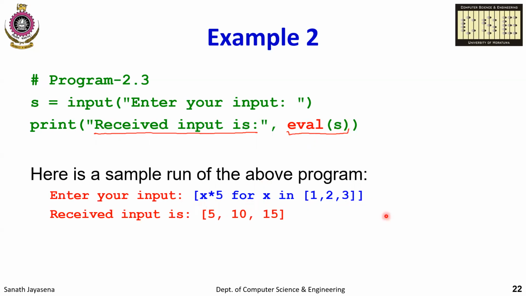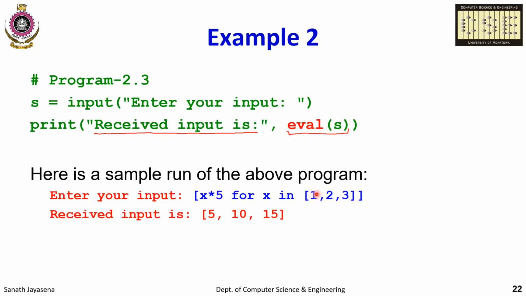And the result of 5, 10, and 15 is shown within square brackets, which means the whole thing is a list. So what we have asked is to produce a list by taking the x values of 1, 2, and 3 one at a time, and multiplying each item by 5.